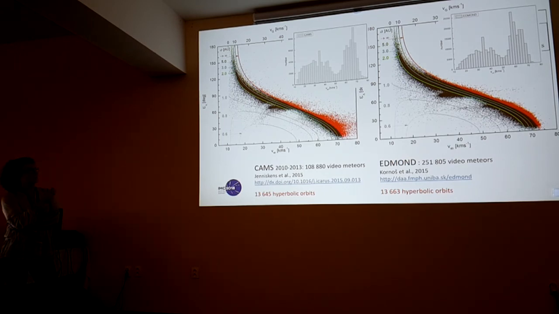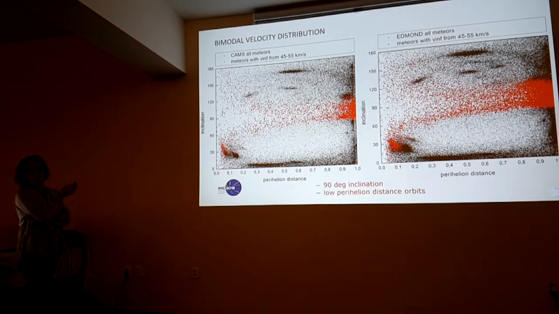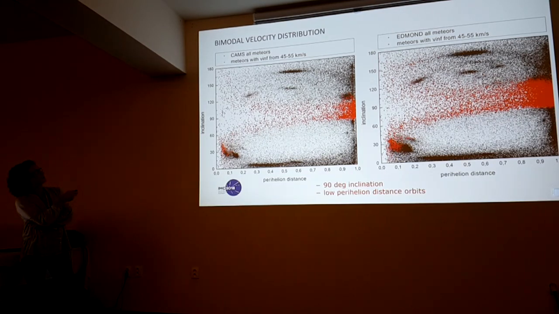Among very high precision photographic meteors, this place is almost empty. The minimum is much lower than here. Here we just selected arbitrarily the meteors with the velocities around this value. They are the red meteors here.